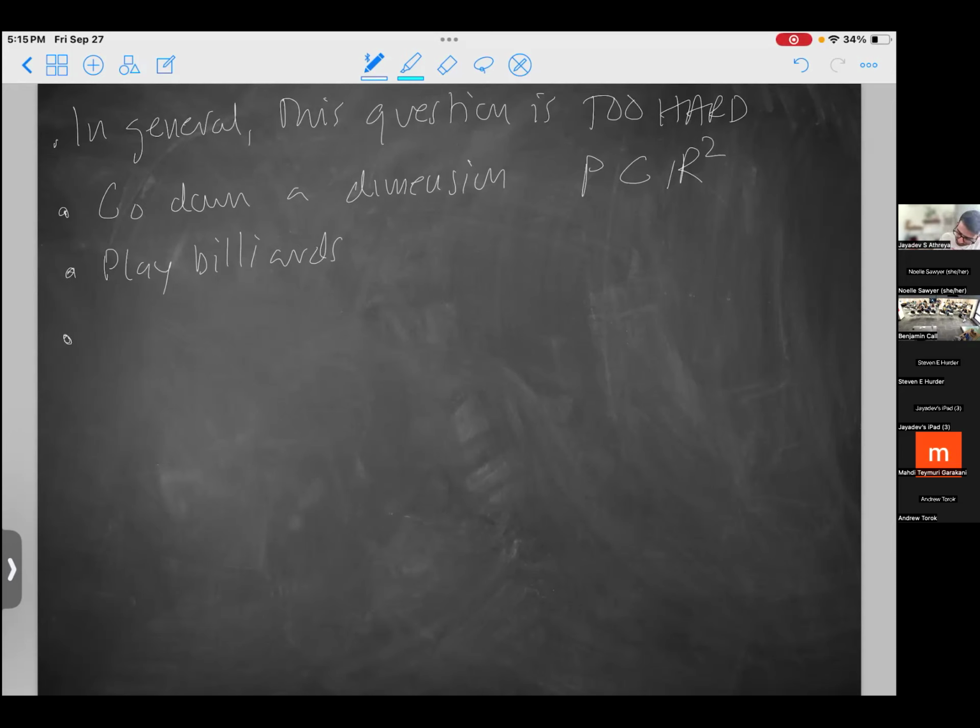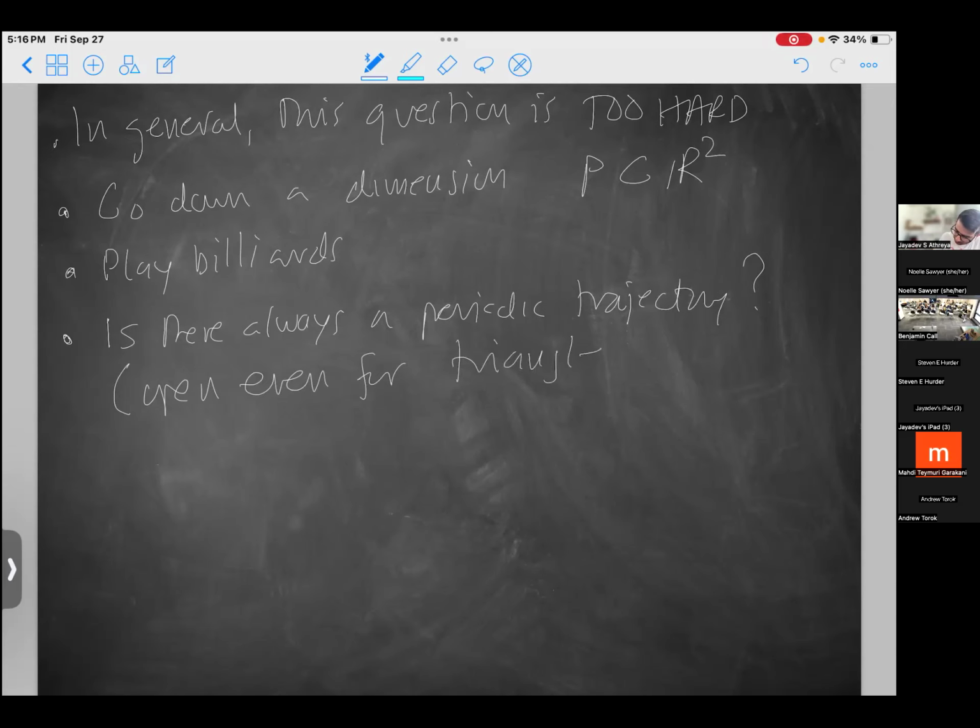So here's an open question. Is there always a periodic trajectory? This is open even for triangles. Now, I should mention there's results for triangles.